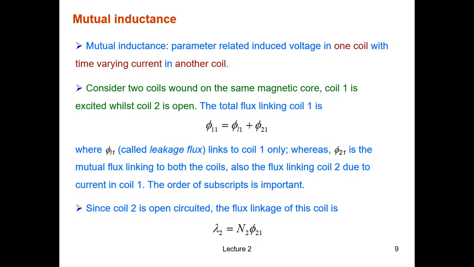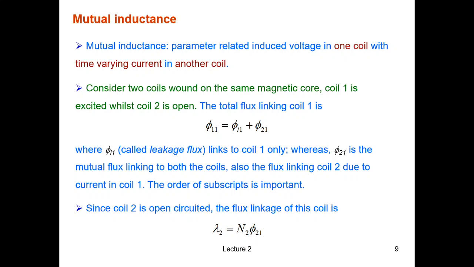I have 2 coils. If I put a current through one coil, I may have some induced voltage in the other coil, if the current I put through the first coil is varying in time, because of the induction from the flux created by the first coil into the second coil.